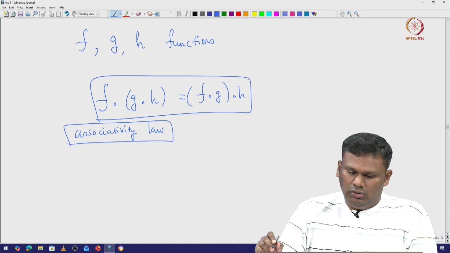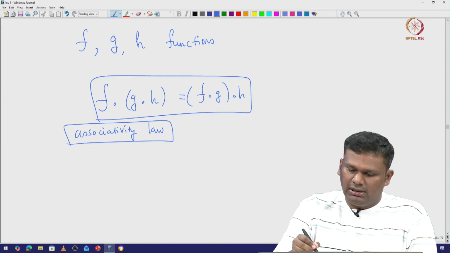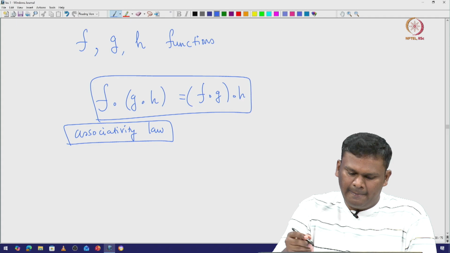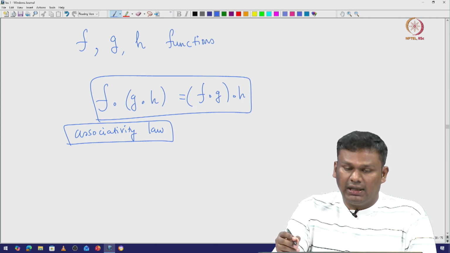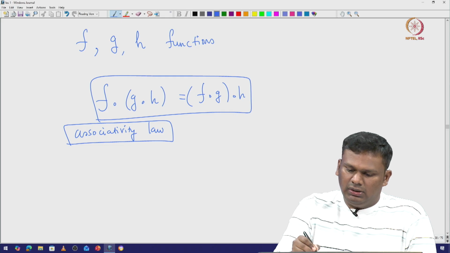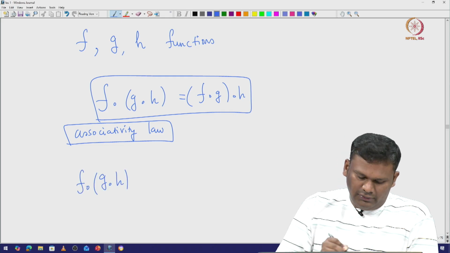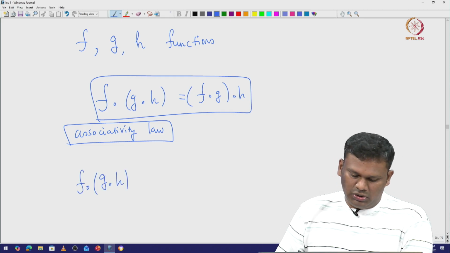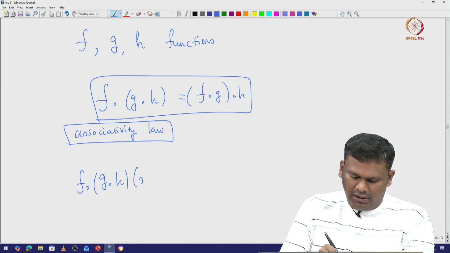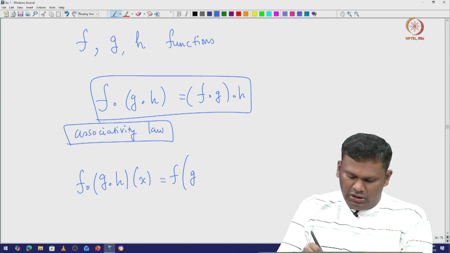To make this work, let us write down the domains and codomains properly. First I want g composition h to make sense. Applied on some small x, we get f of g of h of x.